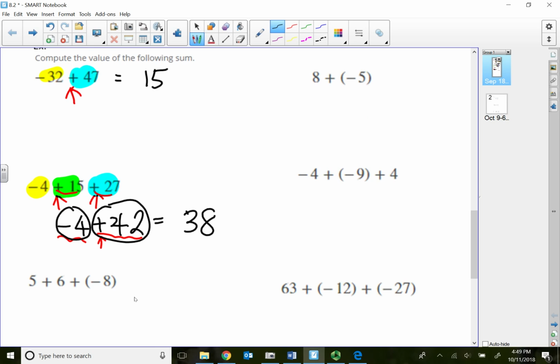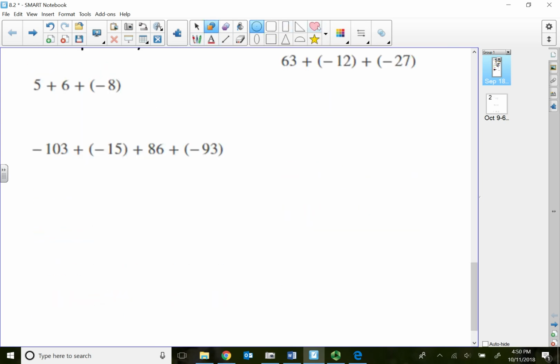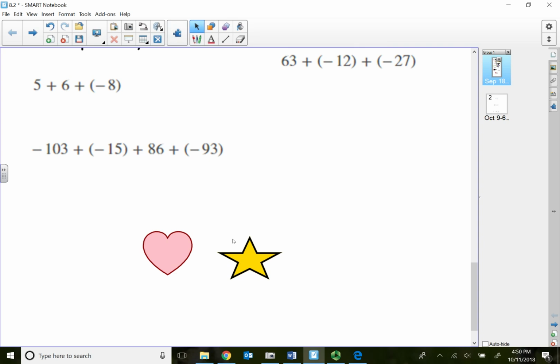All right. Now, some students see it this way. When they see 15 plus 27 is 42, and in front of it you still have a negative 4, they see it as 42 minus 4, which is still correct, because of the commutative property. Let me draw some pictures real quick. If I put a heart in the front and a star in the back, here I have two separate terms.